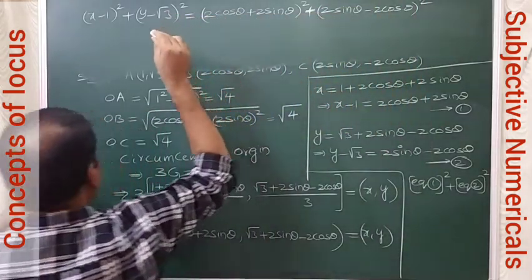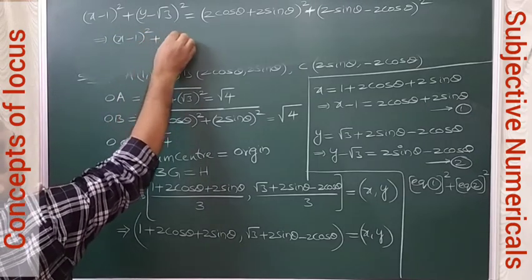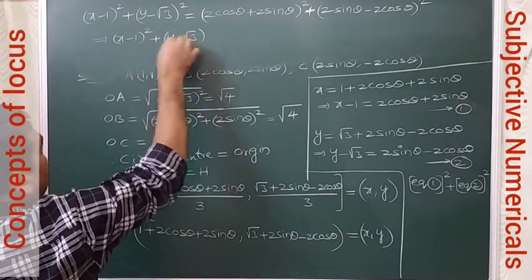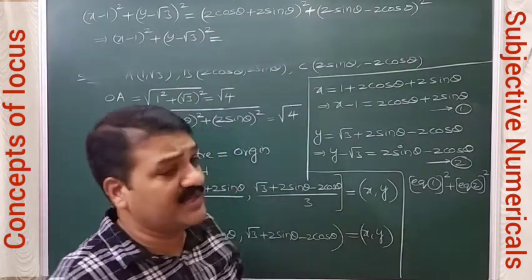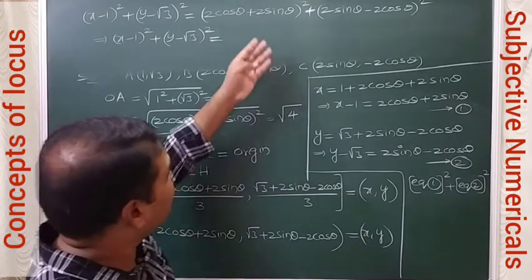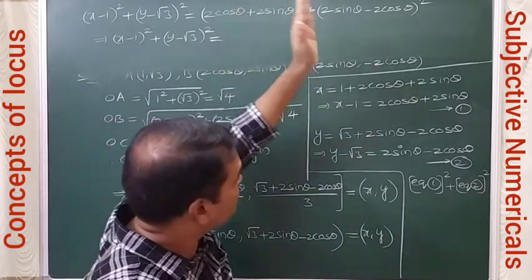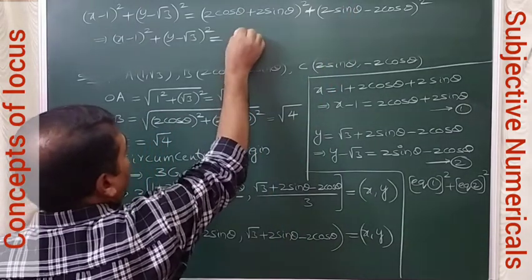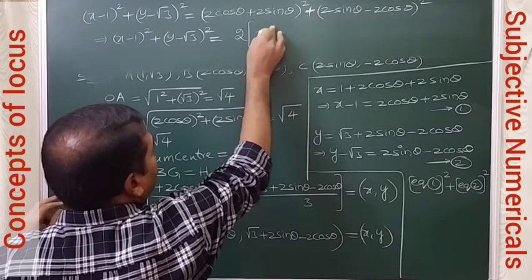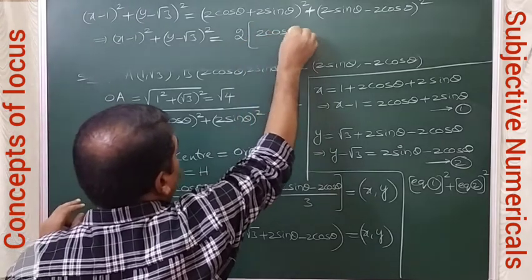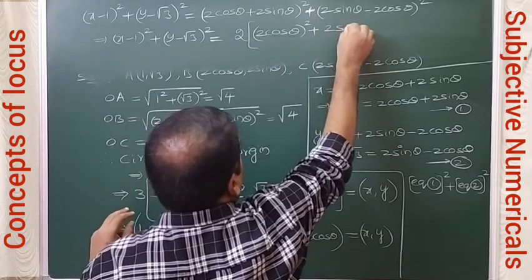Now if you see the RHS part, it is actually (a plus b) whole square plus (a minus b) whole square, which will be 2 times (a square plus b square).